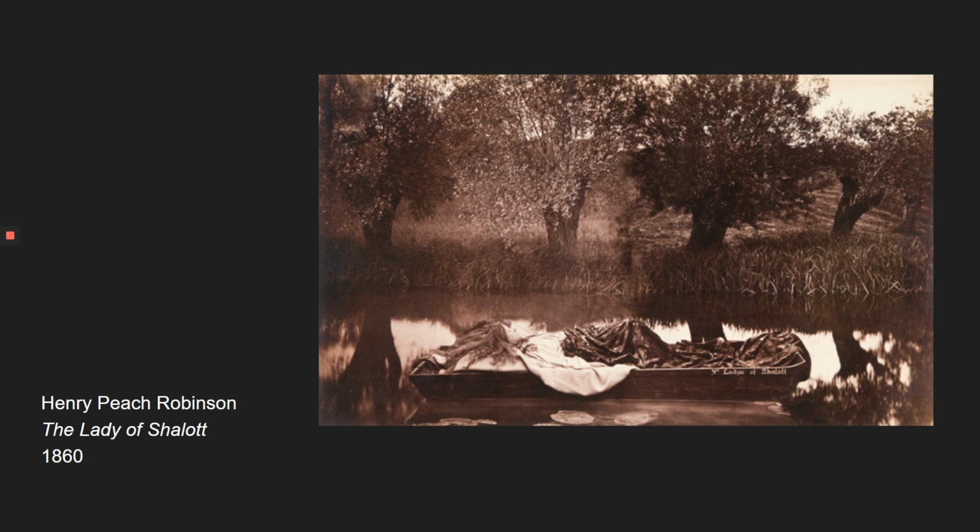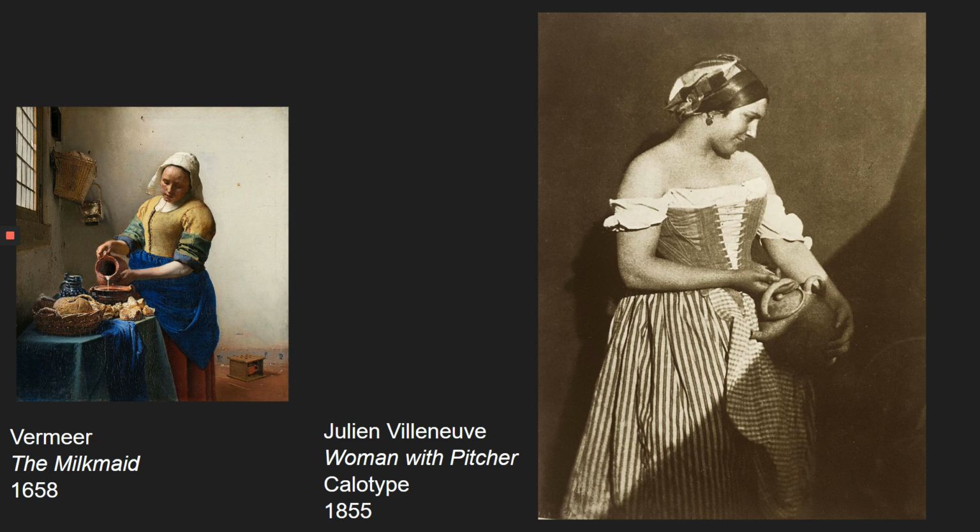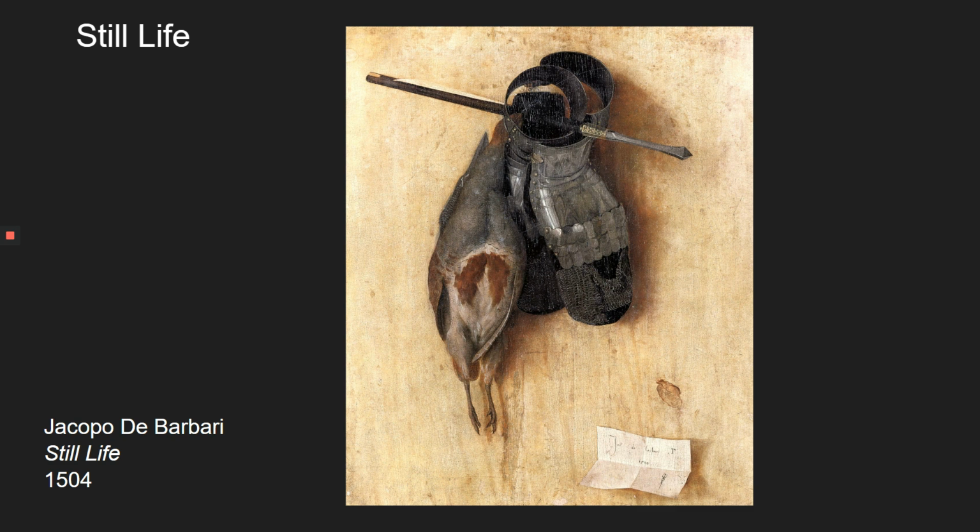So the use of allegorical literary subject matter, scenes from the everyday, genre painting, using very similar scenes, drawing from still life. These are examples of the hunting still life.